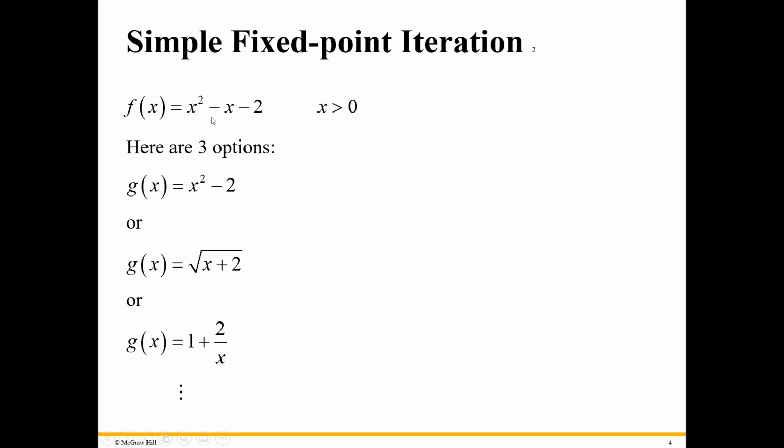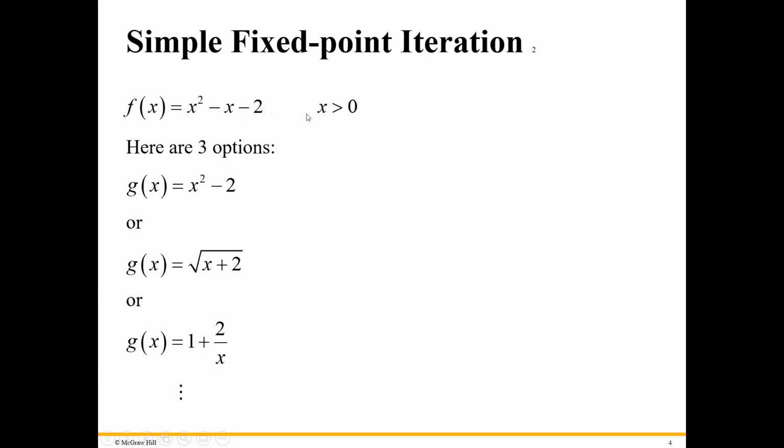So for example, if you take x square minus x plus 2, and you divide all these terms by x, it will be x minus 1 minus 2 over x, right? If we take this equation and divide by x, it will be x over here, 1 over here, and 2 over x over here.